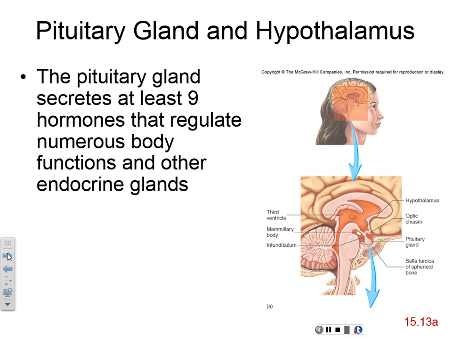The posterior pituitary is connected to the hypothalamus by the infundibulum, and therefore action potentials are sent through, so it's called the neurohypophysis. We'll talk about that.